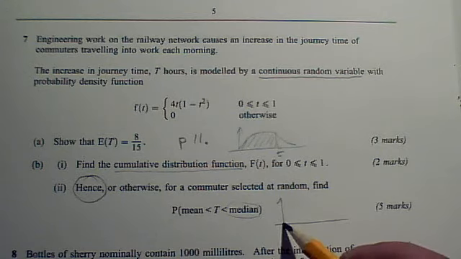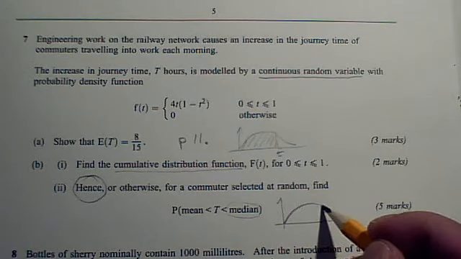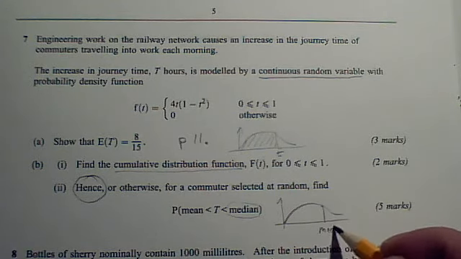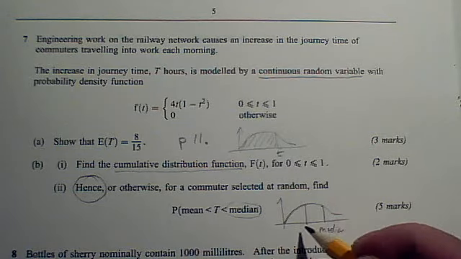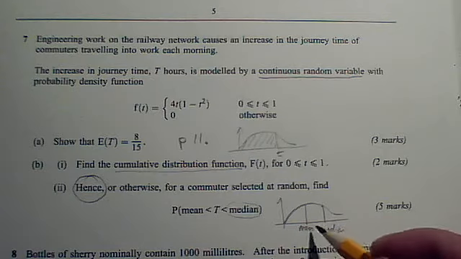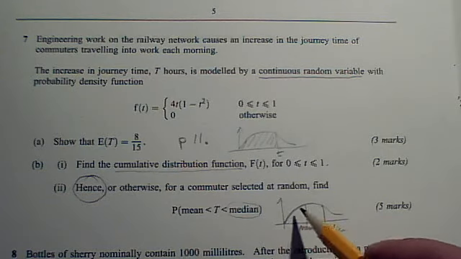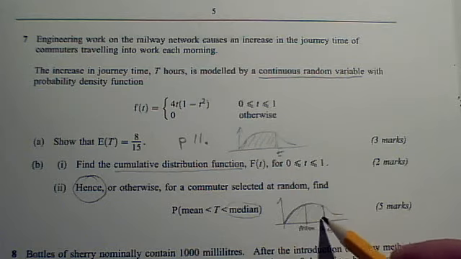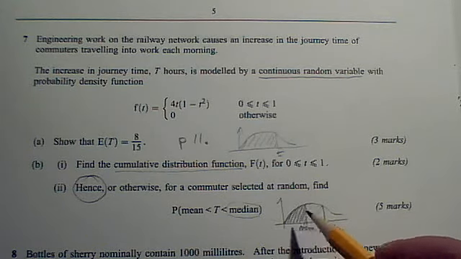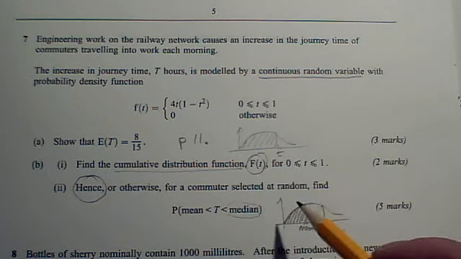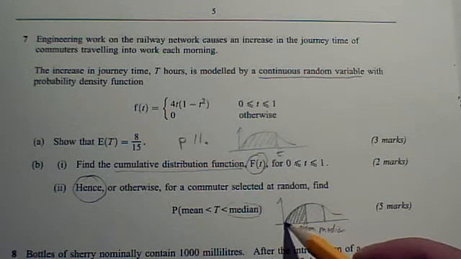So on some kind of sketch, we've got the median there, and we've got the mean somewhere below it, and we're going to need to consider 2 probabilities. The probability of being anything up to and including the median, take away the probability of being anything up to and including the mean. And remember, F of t will give you the probability of being up to and including a known value.